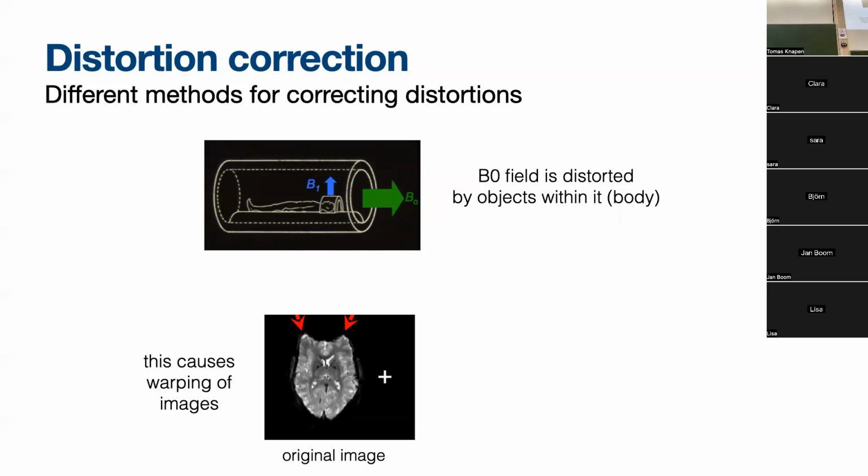So what you think happens at a certain location actually happened at another location. So this has to do with these B0 distortions on the one hand, and the very fast k-space sampling of the EPI image generating process on the other hand. These two factors together give you this type of problem.